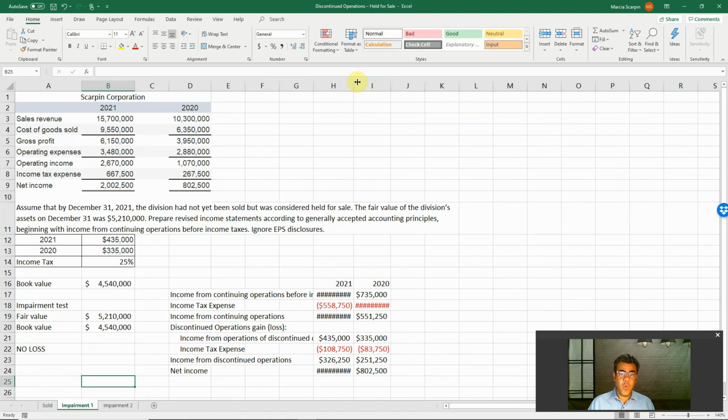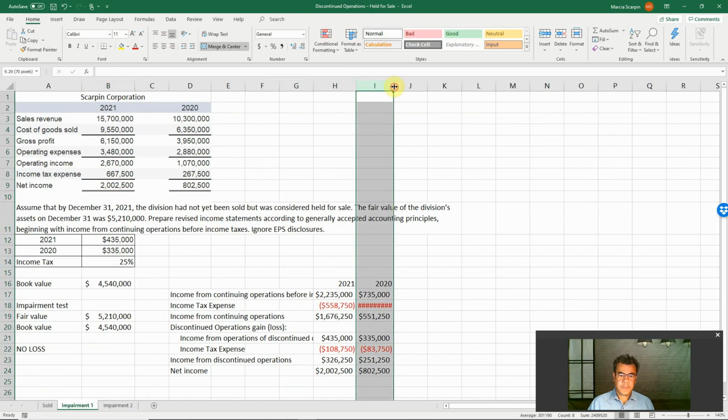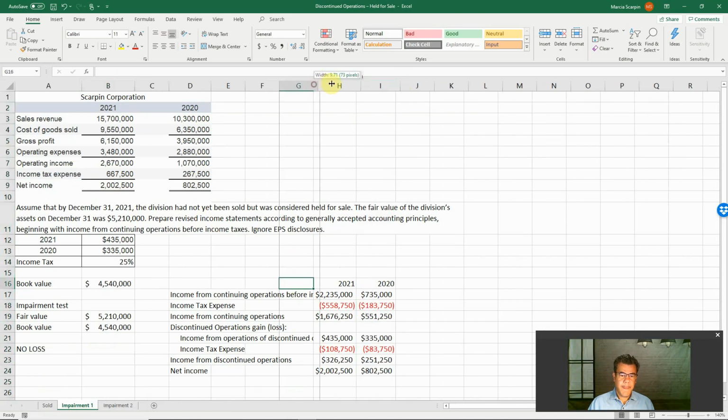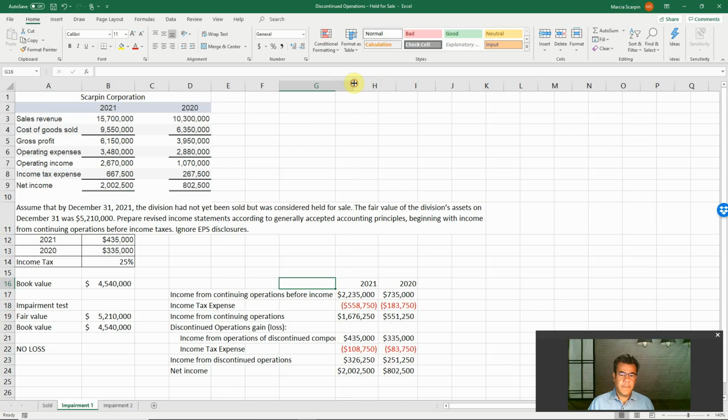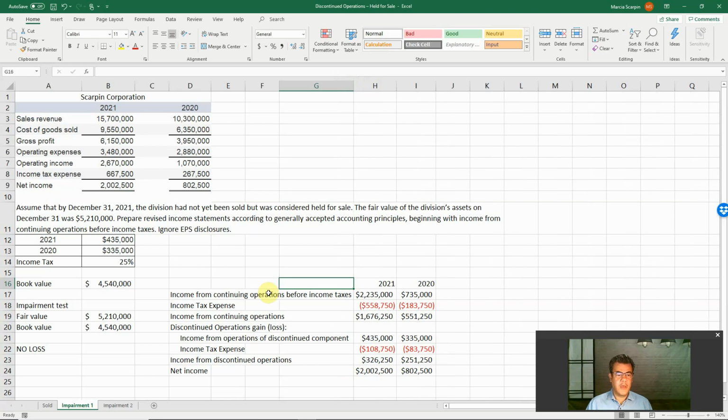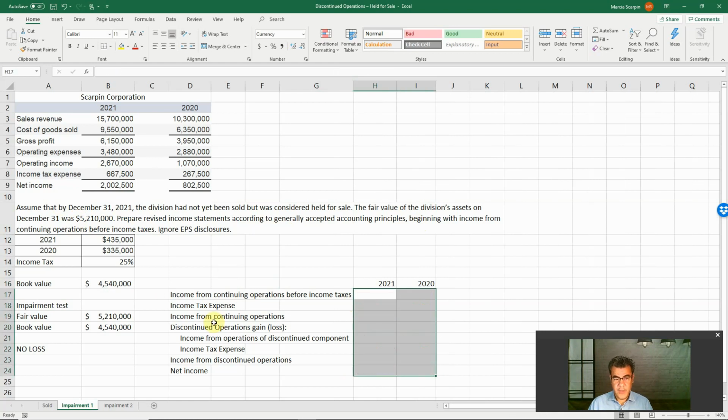And here, what do we have? Okay, now we can see it. We are holding it for sale, and the fair value is $5,210,000. So let's delete it here.